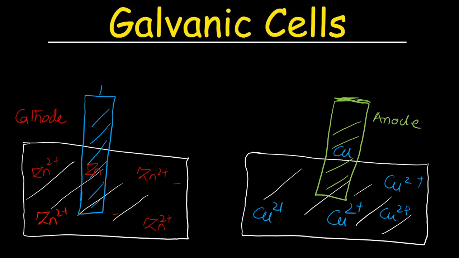Both of these are connected with a conducting wire. Suppose this is a conducting wire to channelize the flow of the electrons.